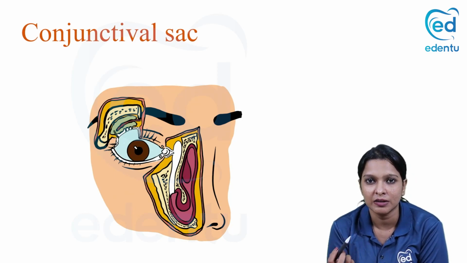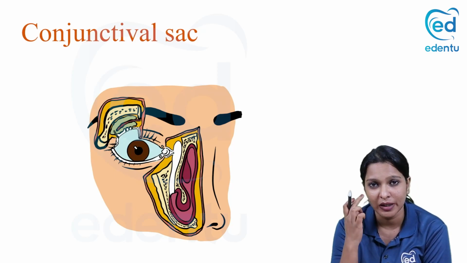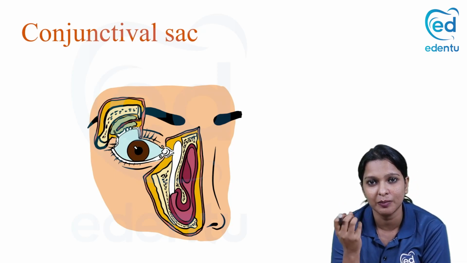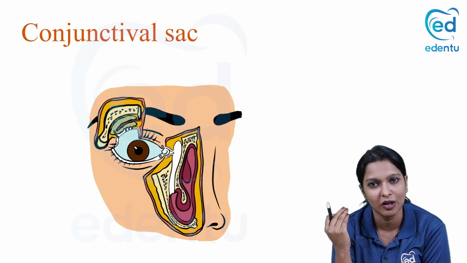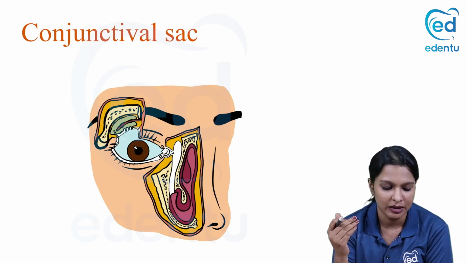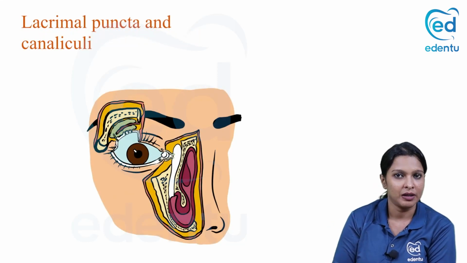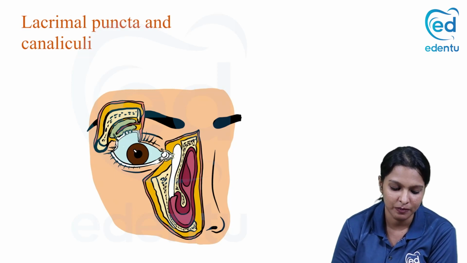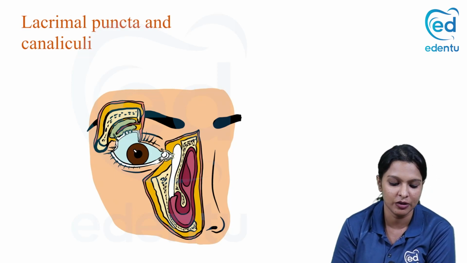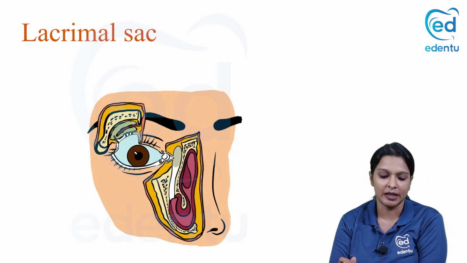Between these two there is a space called the conjunctival sac. The place where the tears collect before falling down is called the conjunctival fornix, where the bulbar and the palpebral conjunctiva meet. From there, it is drained into a punctum through canaliculi into the sac. So this is the lacrimal sac.